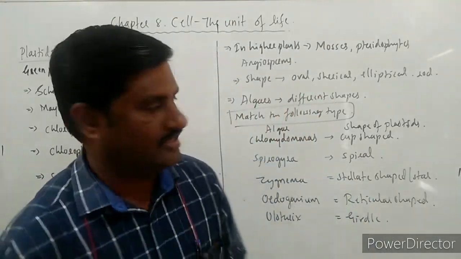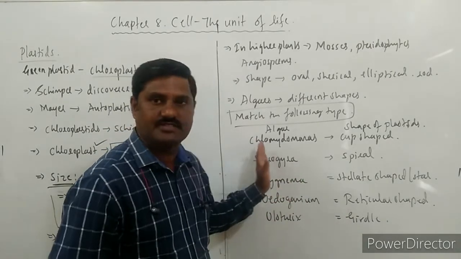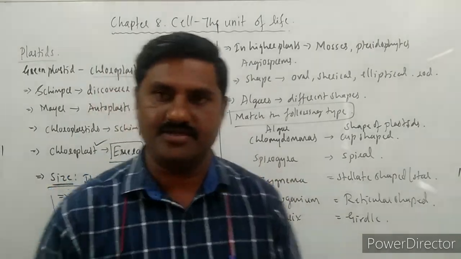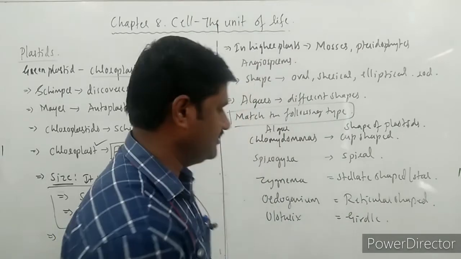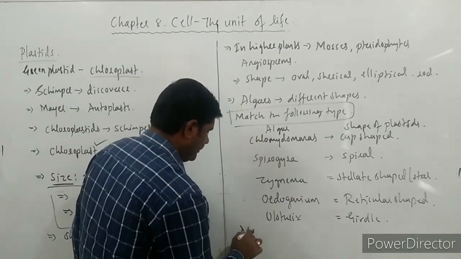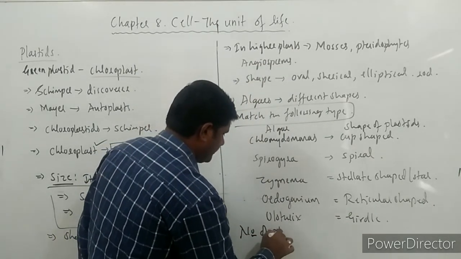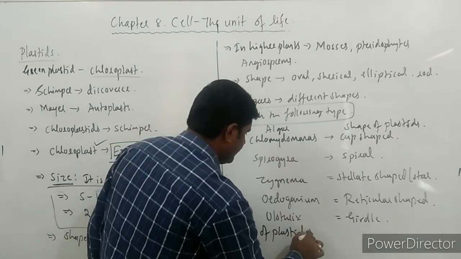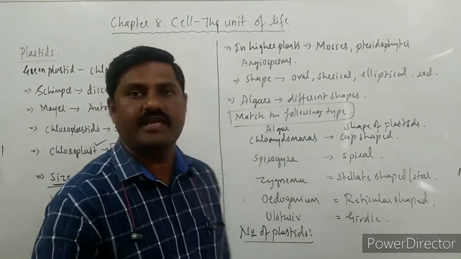So this is about the size of these plastids as well as the shape of these plastids, and the number of plastids is also very important. How many of these plastids are there in each cell?